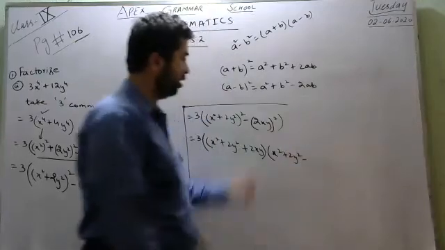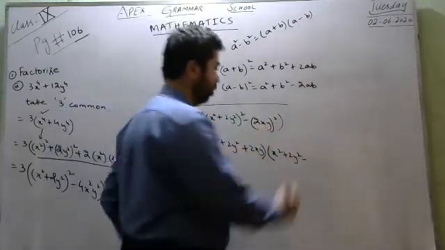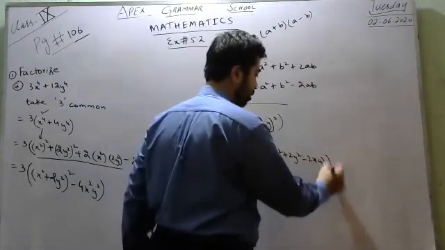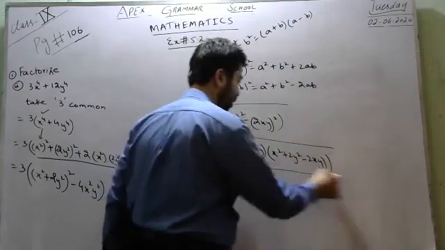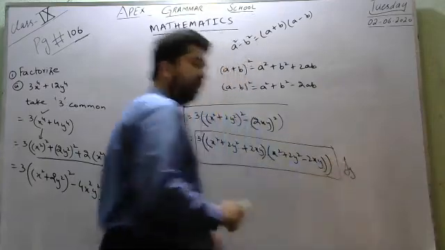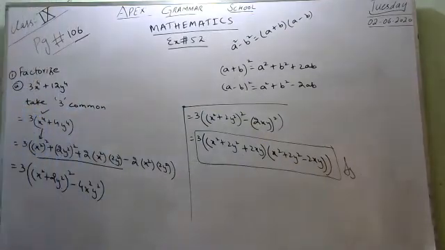After that, minus sign, then the value of b here is 2xy. And that's it. This was part number 2, just like part number 1. After that, part 3.